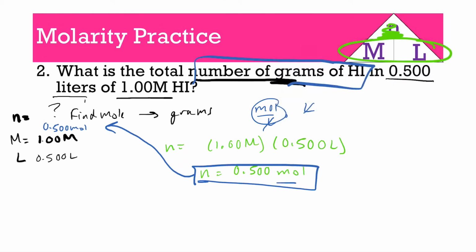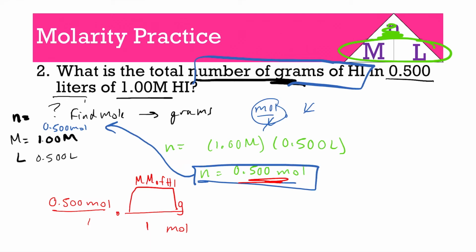So here is our given, 0.500 moles over 1. We want moles to cancel, so it goes on the bottom, and we're looking for grams. 1 mole. Remember, when you're going from moles to grams, we're going to multiply by that molar mass. So that number is the molar mass of HI.